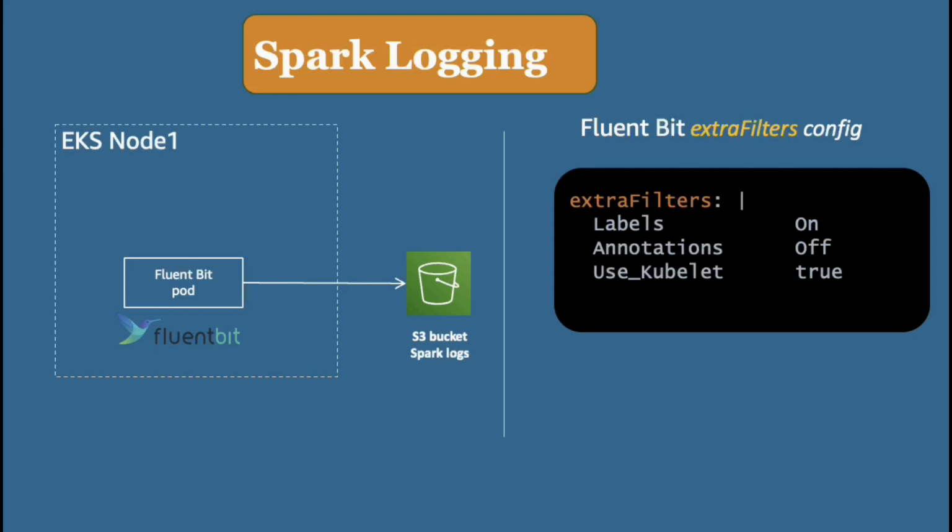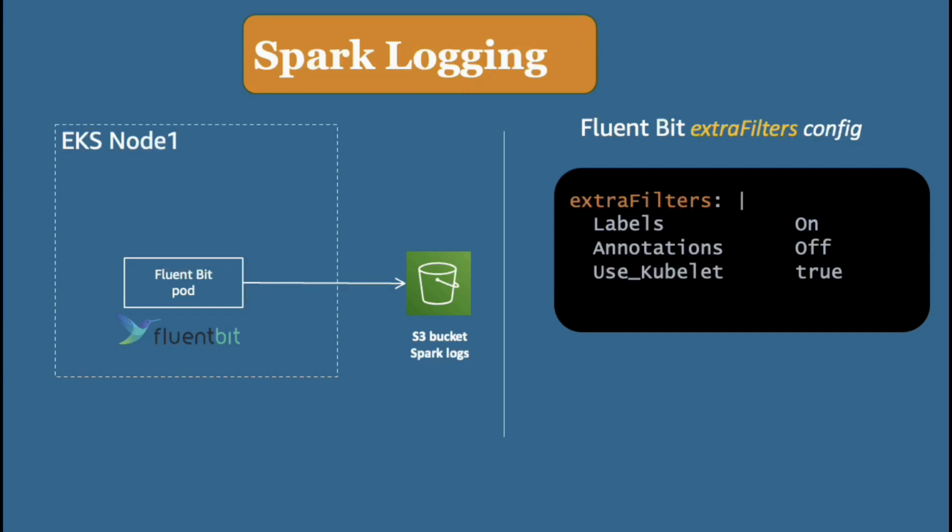One important thing we need to keep in mind for the Fluent Bit configuration is the extra filters config, where the use kubelet option is equal to true. When Fluent Bit decorates the logging data from the pods, it requires metadata about the Kubernetes object, for example the pod. Without use kubelet equal to true, Fluent Bit will go to the API server and make many API server calls to get the data, which increases the latency and also affects the throttling of the API server.